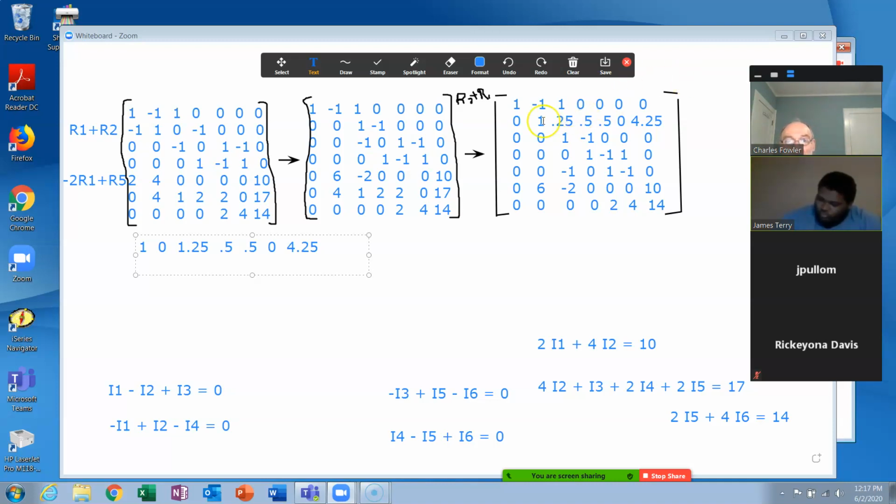All right, what do we want next? Well, the second row is just like we want it. I wish there weren't so many decimals, but we got that 1 there, so we're going to write it down.